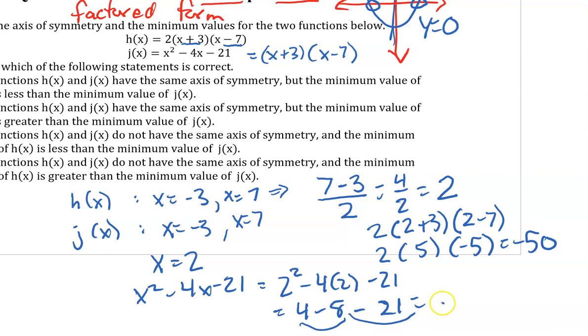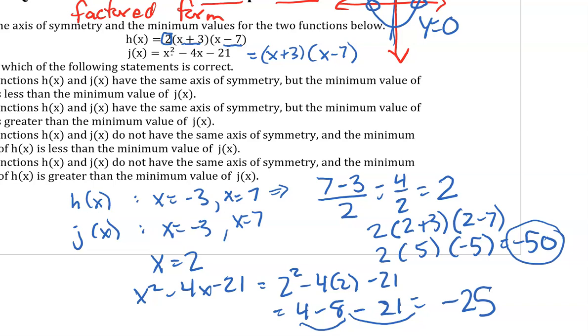Minus 21 is negative 25. Makes sense because h of x is 2 times the function being used for j of x. So h of x goes twice as low. So this is a parabola facing up, which you know because your a value is positive.